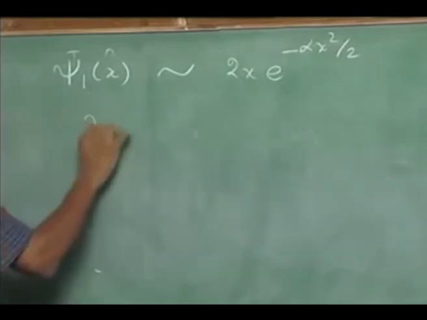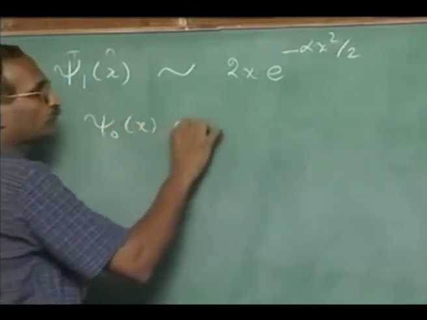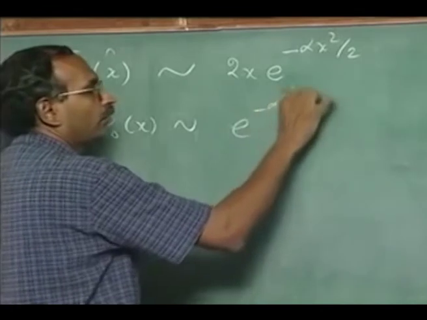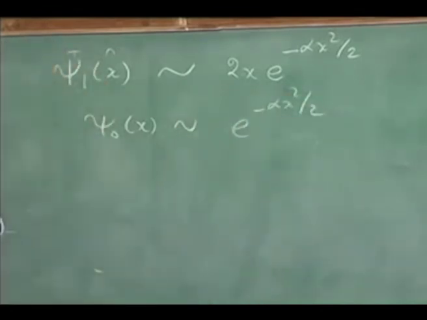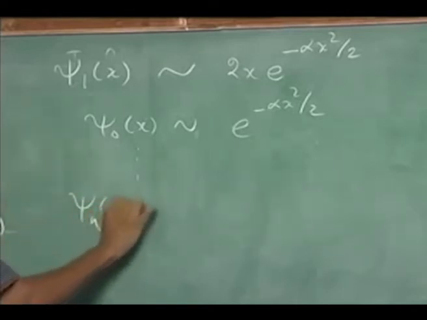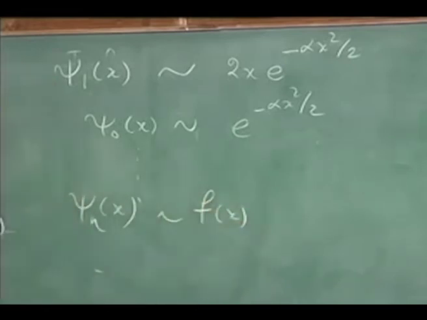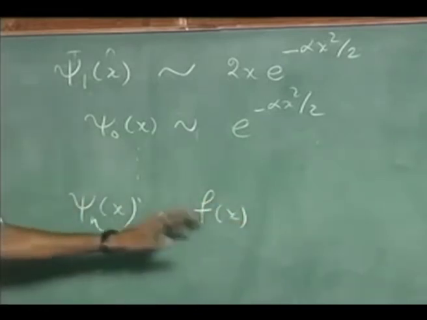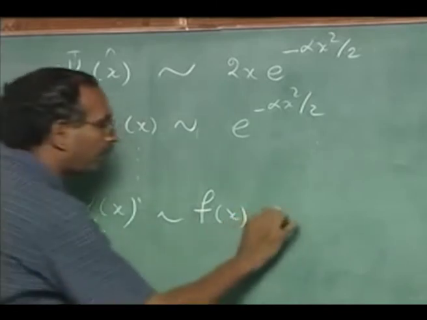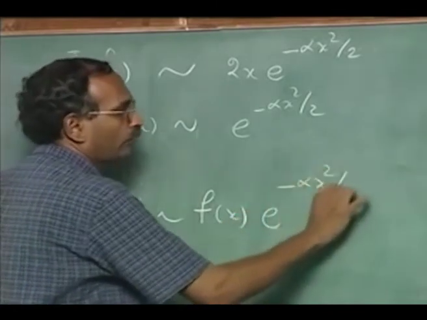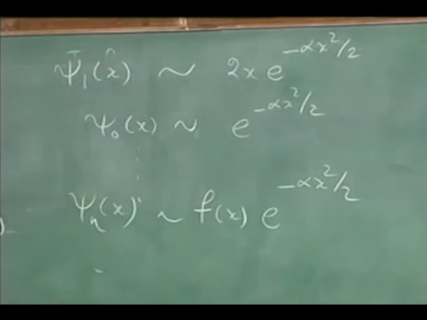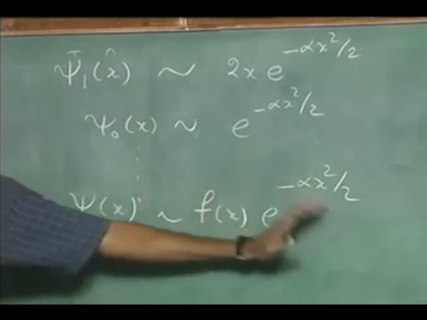Psi naught of x was proportional to e to the minus alpha x square by 2. In fact, the whole infinity of solutions psi n of x, all of them have a polynomial of x to some order, multiplied by e to the minus alpha x square by 2. That turns out to be the harmonic oscillator solution.